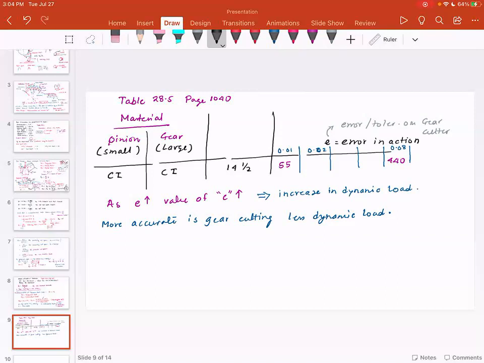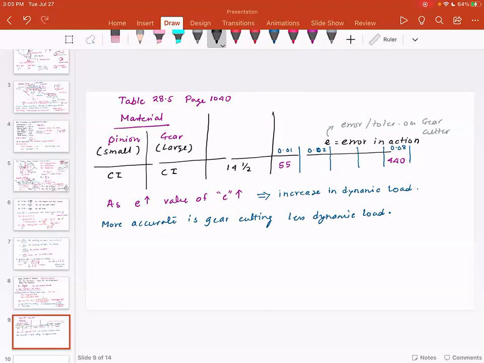For example, the pinion is made of steel, and the gear is made of cast iron. Then for different values of E, you have a different deformation factor. If you look at the table 28.5, it will give you different combinations of material, and then different values of deformation factor.